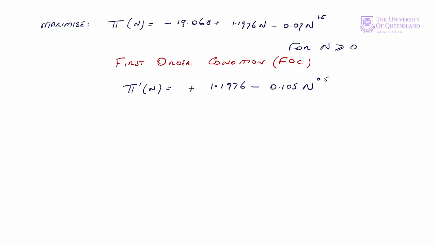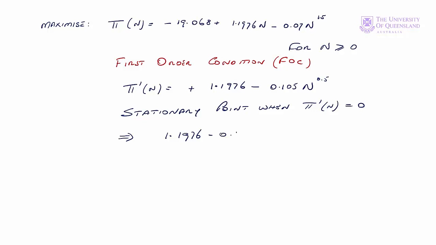Our first order condition is we'll have a stationary point when the first derivative is equal to 0. That implies that 1.1976 minus 0.105 n to the 0.5 is equal to 0.